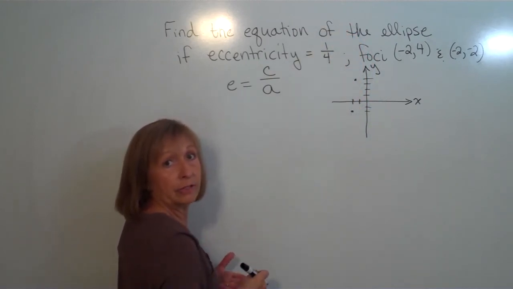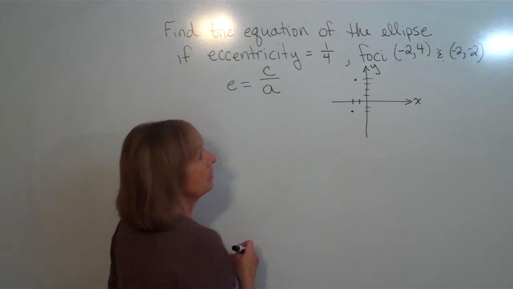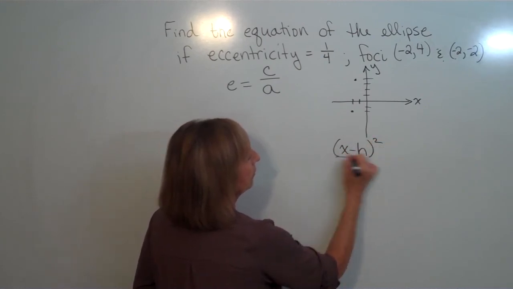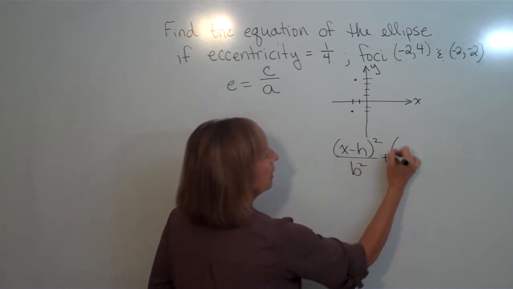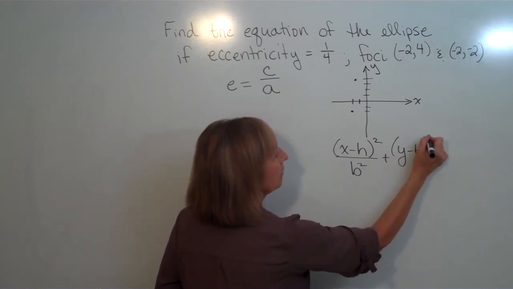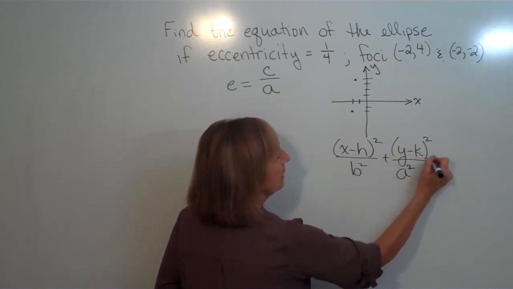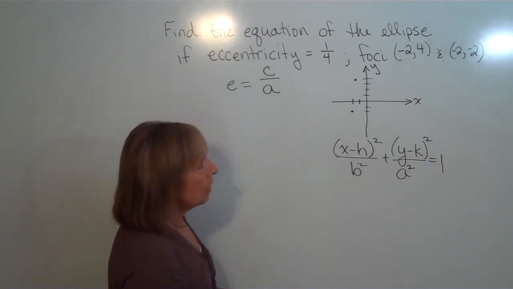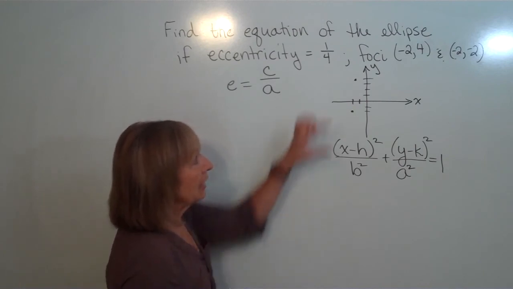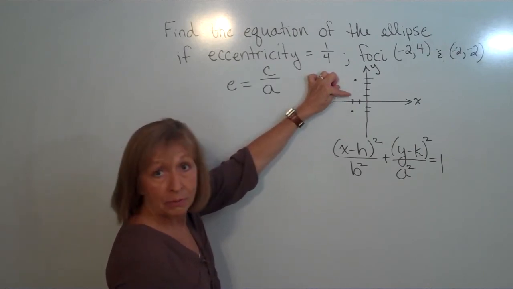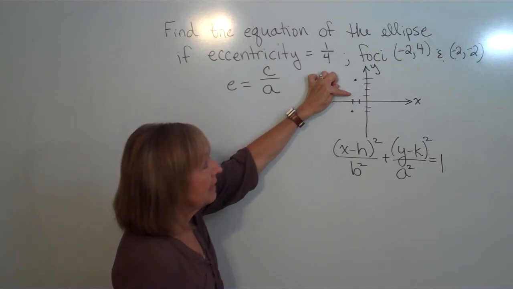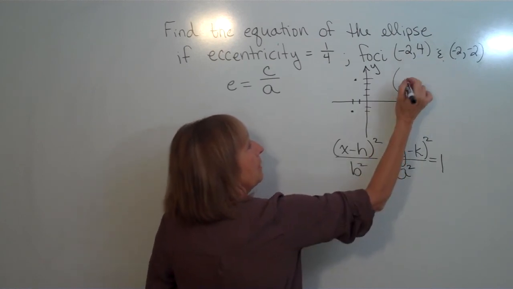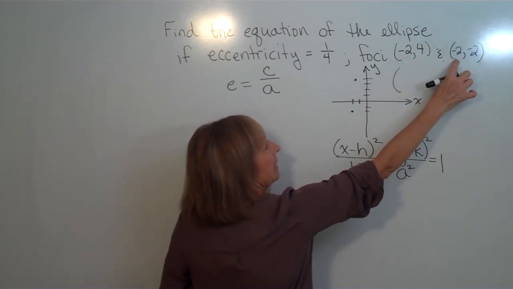Remember, your vertices and your foci are on your major axis. So since my major axis is vertical, I know it's (x - h)^2 over b squared plus (y - k)^2 over a squared is equal to 1. That's what I'm ultimately getting to. Now, I also know that my center is the midpoint between these foci. So for my center, I can take the midpoint of the line segment connecting these 2 points.